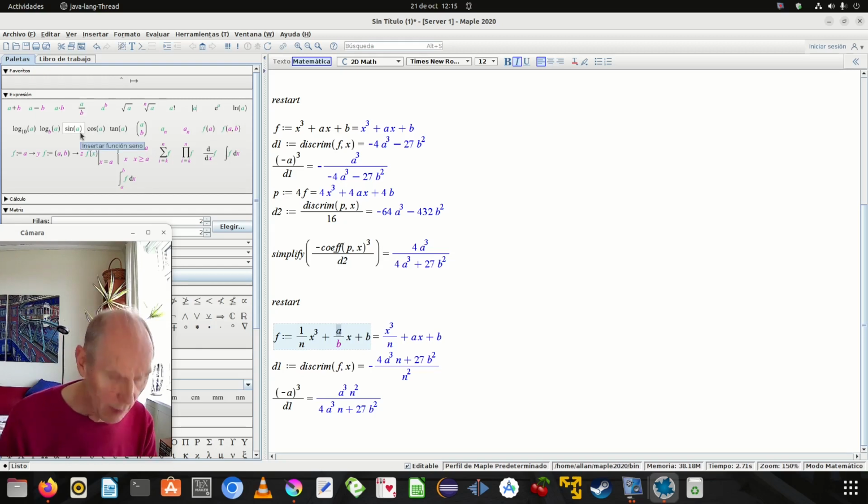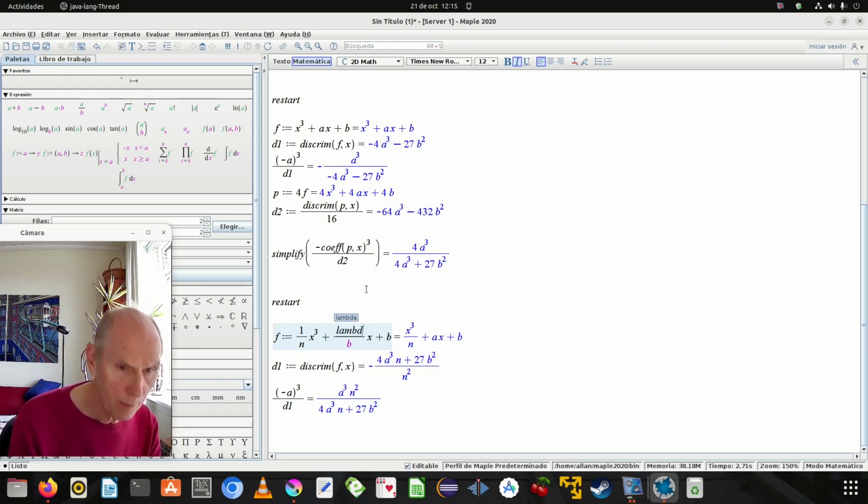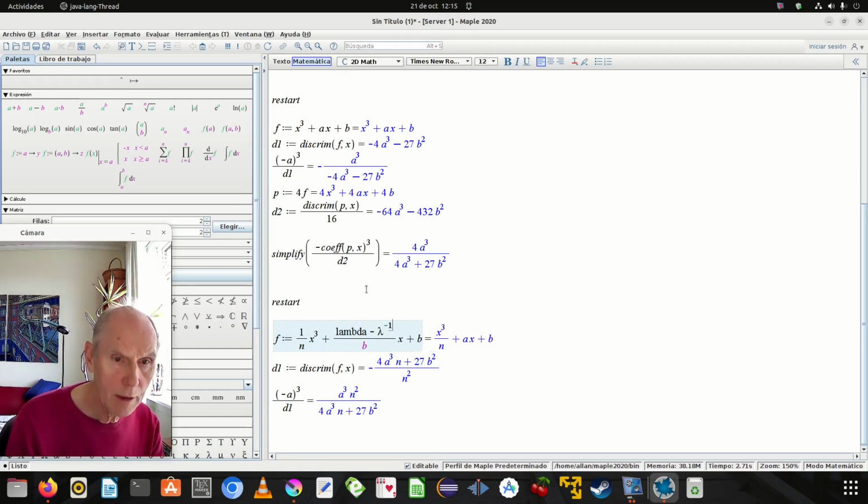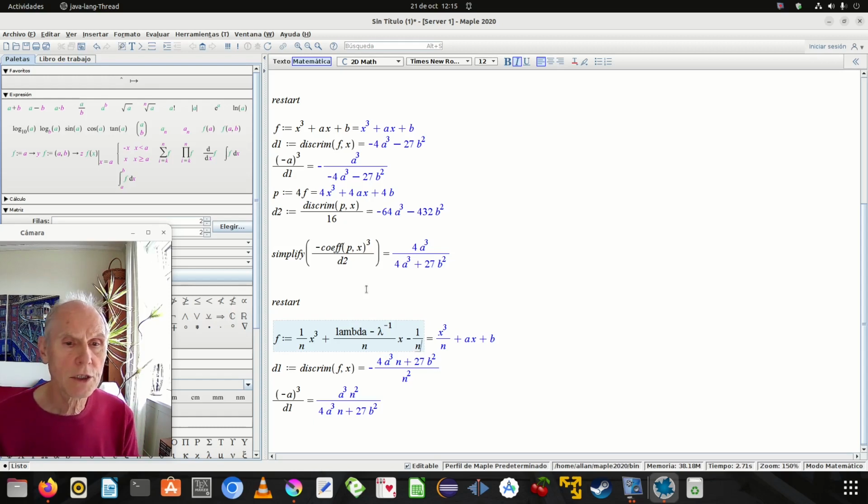This was lambda minus lambda inverse divided by n, and this was minus 1 divided by n. I'll just check that.